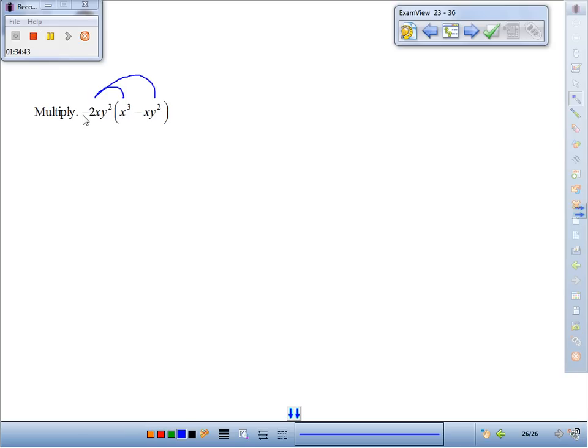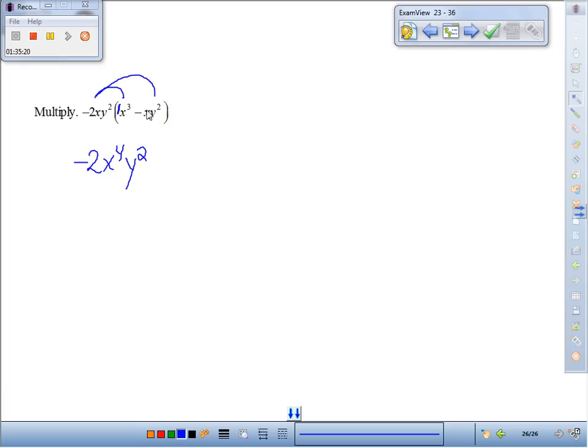So check this out. Since there is no number here, the coefficient is what? 1. So what is 1 times negative 2? Negative 2. What is x times x cubed? X to the 4th. And do we have another y in here? No, I just carry the y to the 2nd. Remember these?